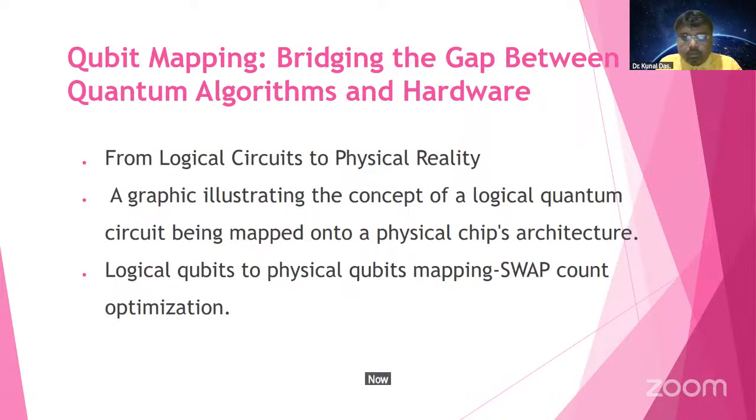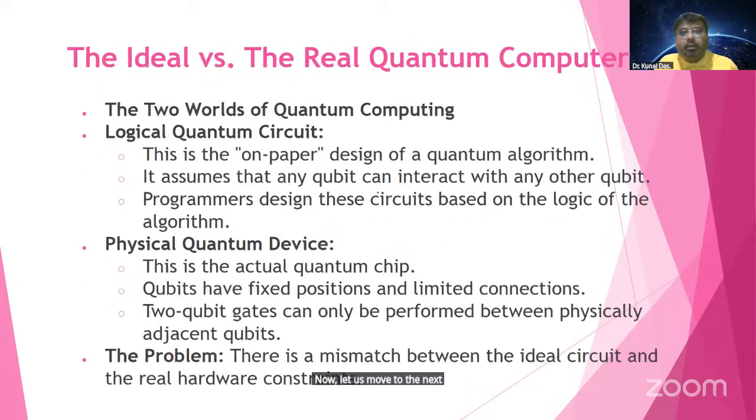Now let us move to the next slide. The two worlds: the logical qubit circuit and the physical quantum device. This is the on-paper design of a quantum algorithm that you want to code, and after coding, you have generated a program whose qubits are no longer related to the physical qubits.